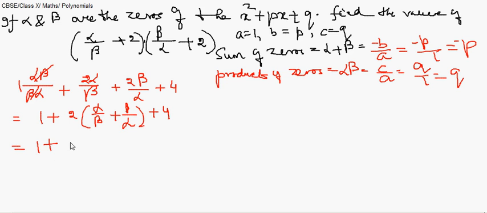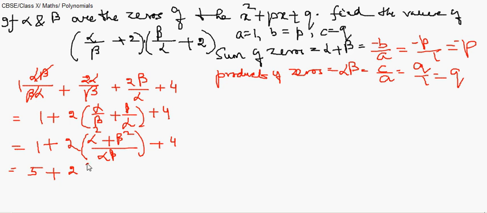One plus 2 times, if I take an LCM, it will be alpha square plus beta square by alpha beta, plus 4. So this 1 plus 4, why do I keep it like that? Let us make it 5. This needs to be replaced because I only have alpha plus beta and alpha beta, but I don't have alpha square plus beta square.